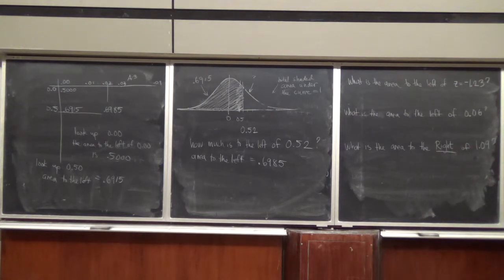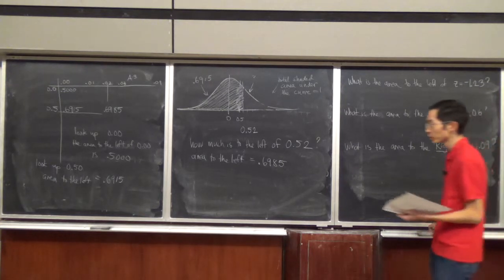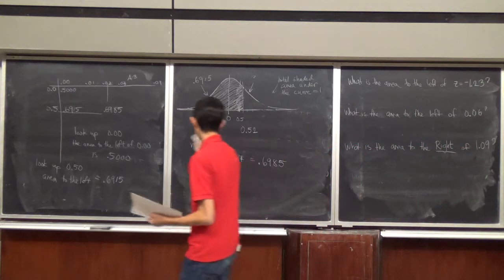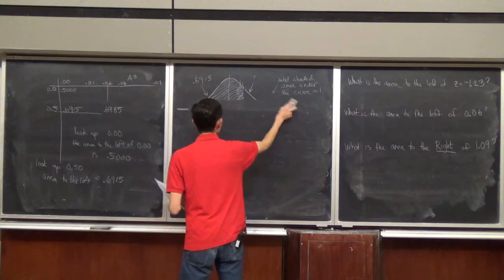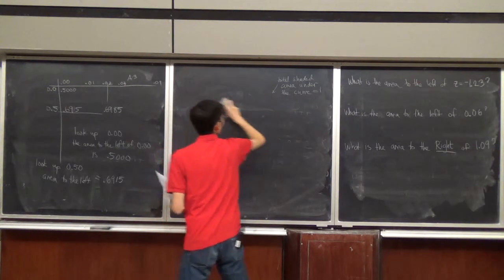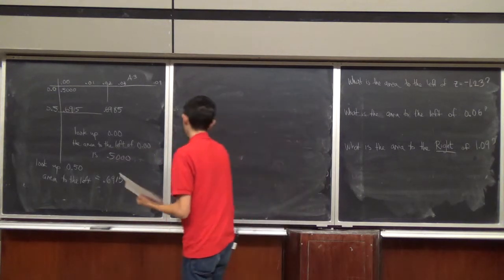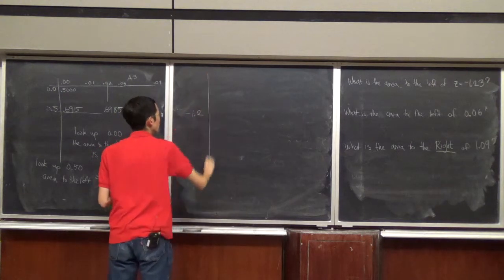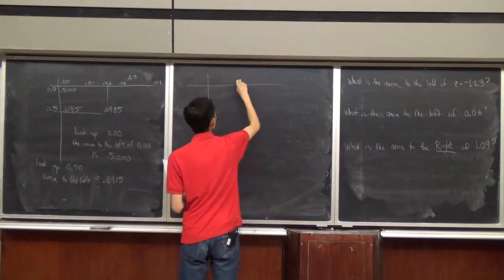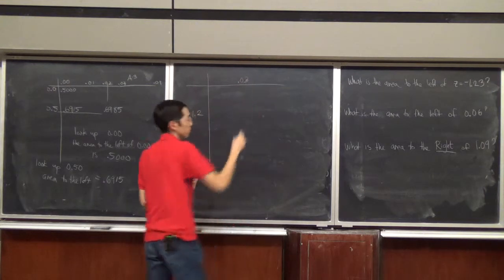Okay, let's take a look. What is the area to the left of z equals negative 1.23? So when I look this up in my table, I'm going to be on the negative side. And I go to the row negative 1.2, and the column 0.03.